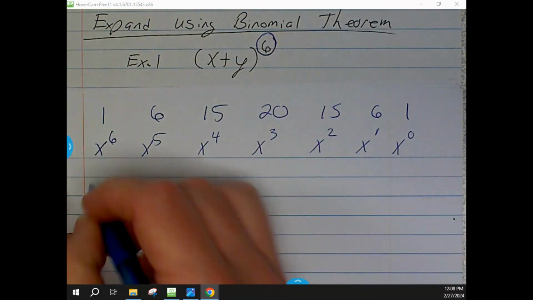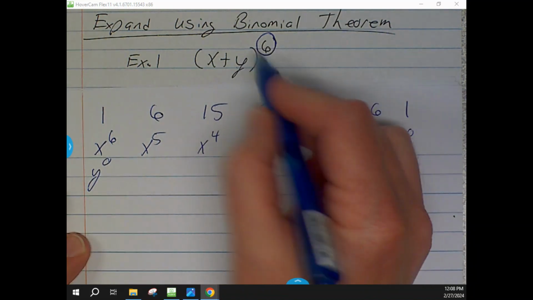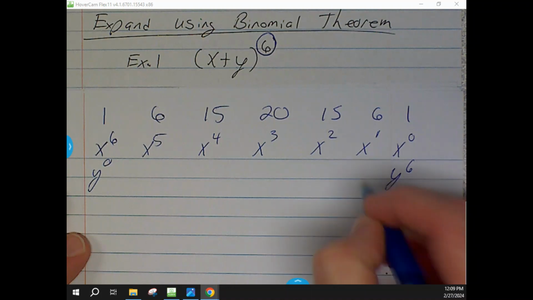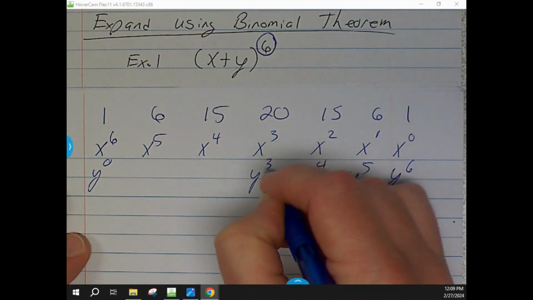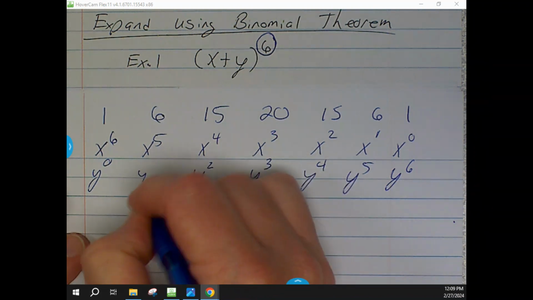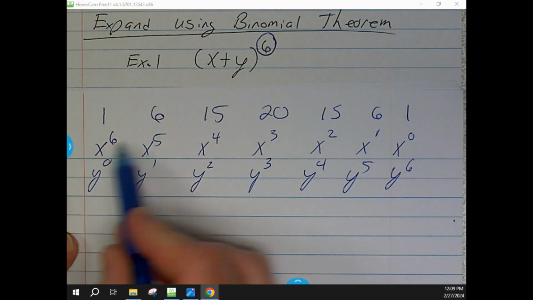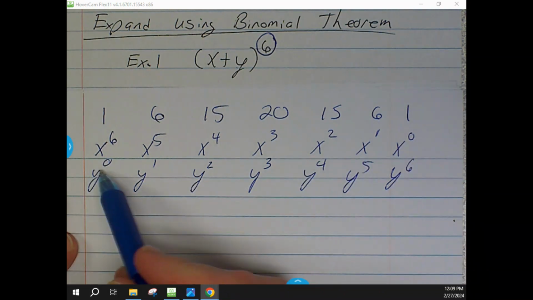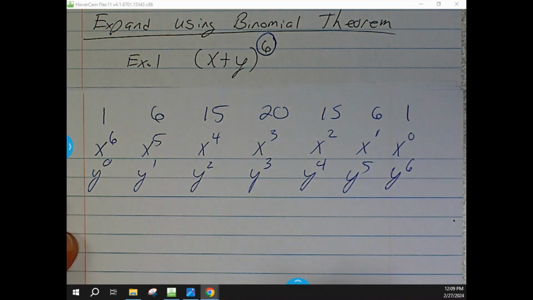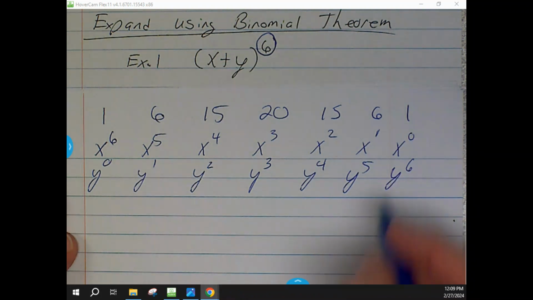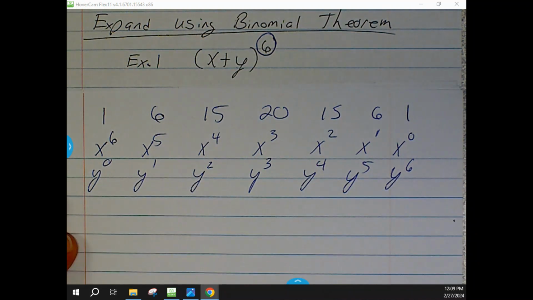You can either start with the 0 power and count up, or, since this is the second number, you can start with y to the 6th and count it down: 5, 4, 3, 2, 1, and then 0. As long as you go 6, 5, 4, 3, 2, 1, 0, either way works. If you're a left-handed person, you might like counting down because it might flow a little more naturally.